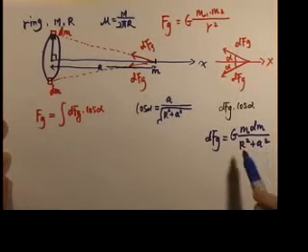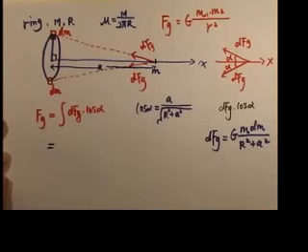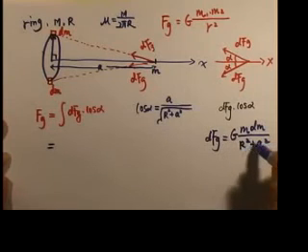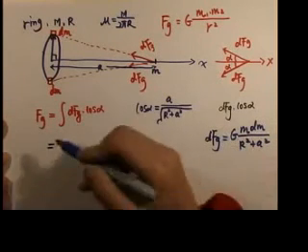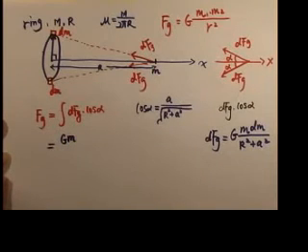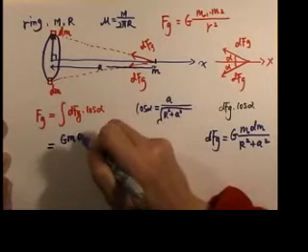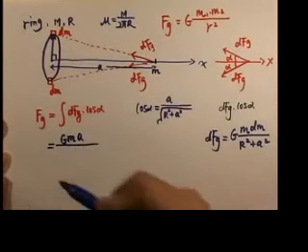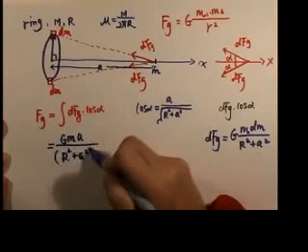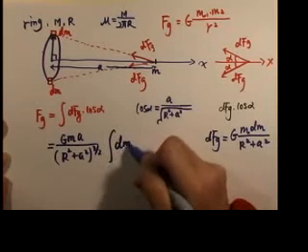If we plug this expression for dFg in here, we have G and m as constants, and cosine alpha as that. So we have a in the numerator, and in the denominator r squared plus a squared to the 3/2, and dm.